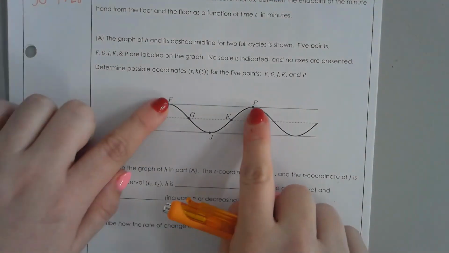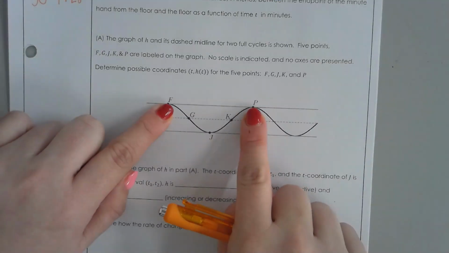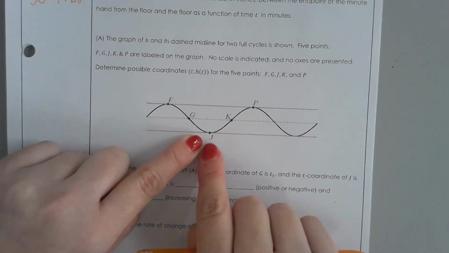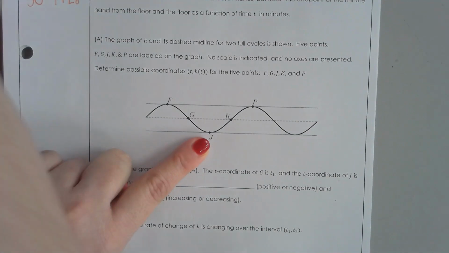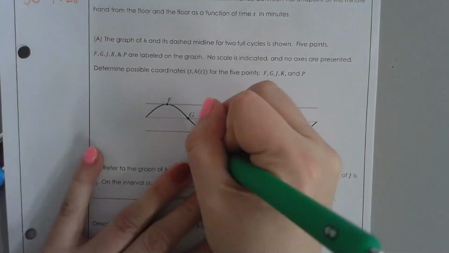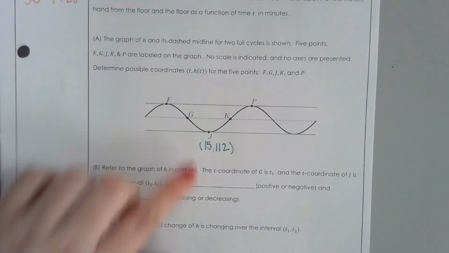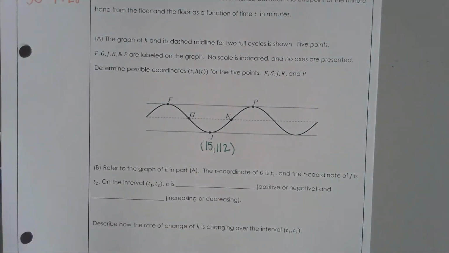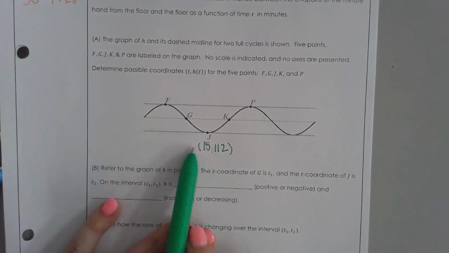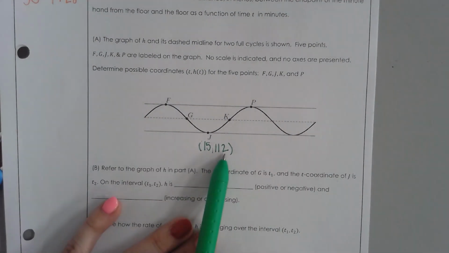Notice we have 2 high points, 2 middle, and then the lowest. The lowest would be the one in the middle, so the 15, 112. It's going to ask you to write down some coordinates for these. The 15, 112.